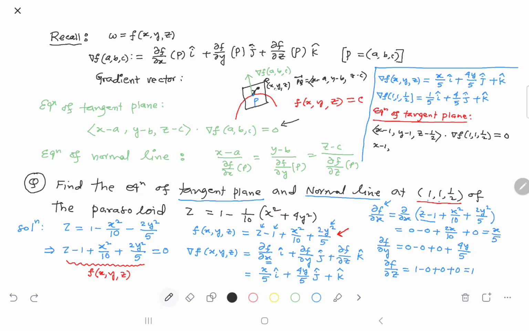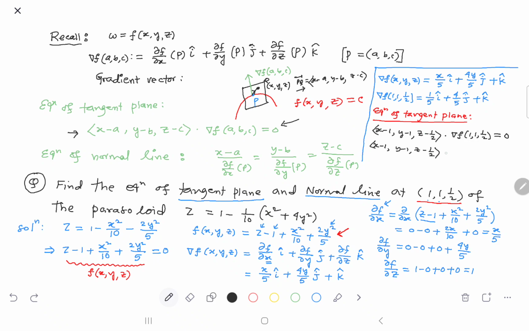So that's why the dot product of this with the gradient must be 0. You can remember it this way: the equation of the tangent plane at the point (a, b, c) is given by (x minus a, y minus b, z minus c) dot the gradient of f at (a, b, c) equals 0.